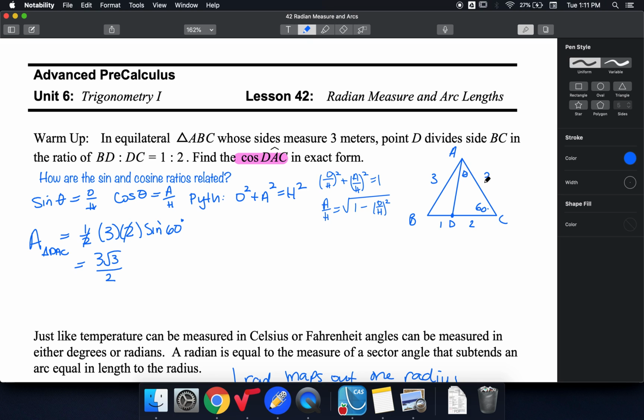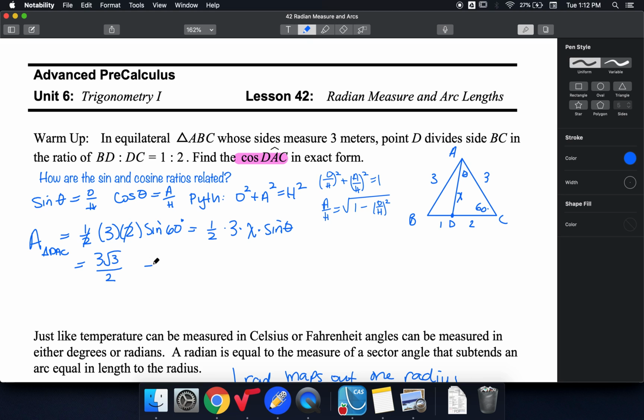Well, the other way that I could bring in my theta is that I could say that the area of the triangle is also using these sides. I don't know the length of this side, so I'm going to use x. So I could say that it's also equal to 1/2 of 3 times x times sine theta.